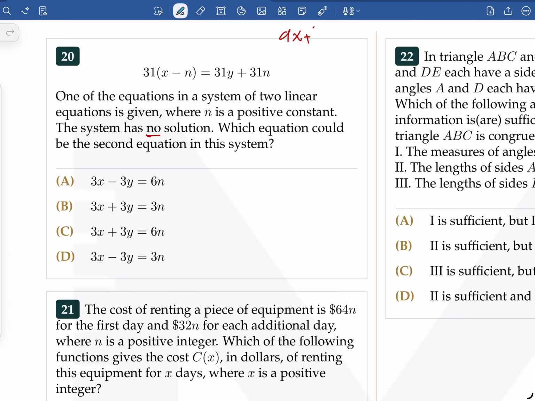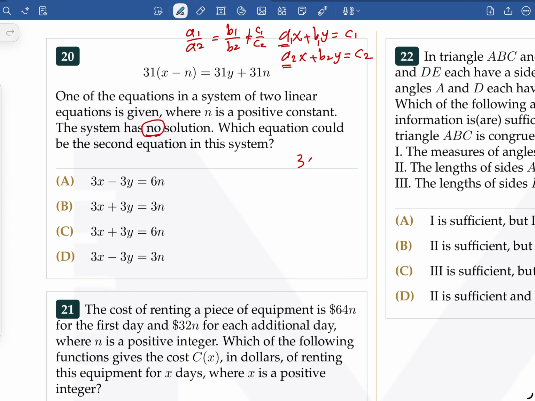Ax plus by is equal to c, and this is a1 and this is b1 and this is c1. If you have another one like a2x plus b2y is equal to c2, for the two equations to have no solution, a1 over a2 must be equal to b1 over b2, but not equal to c1 over c2.